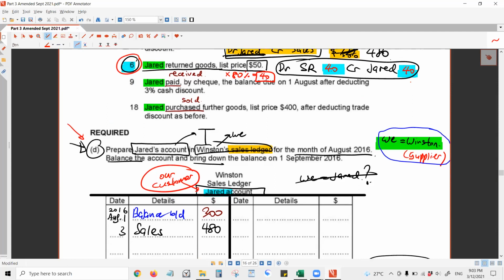Let me repeat: it is to make it fair to the supplier. When the customer returns goods, we must also apply the same trade discount. Write 40 here. Write sales returns. Then write the date, 6.